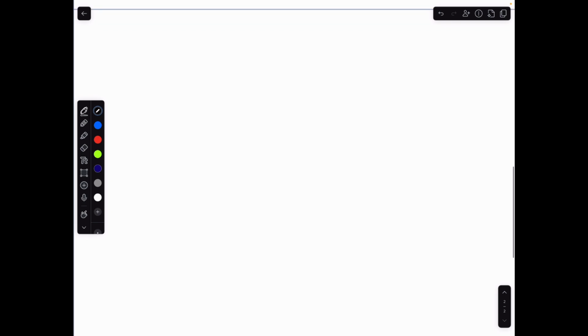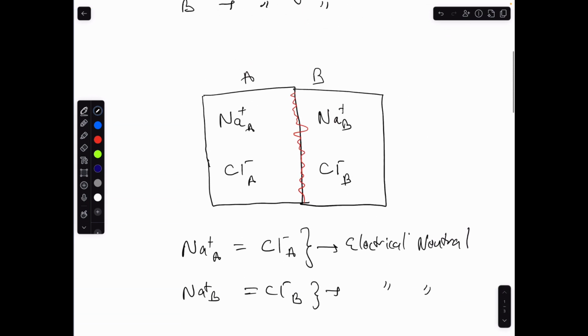Now, we can write this as: if we take the product of cations in compartment A and anions in compartment A, then that product will be equal to the product of cations in compartment B and anions in compartment B. This is because there is redistribution of ions, as this semi-permeable membrane is permeable to sodium and chloride. The sodium and chloride adjust themselves such that both the solutions become electrically neutral, both the solutions don't have a specific charge.